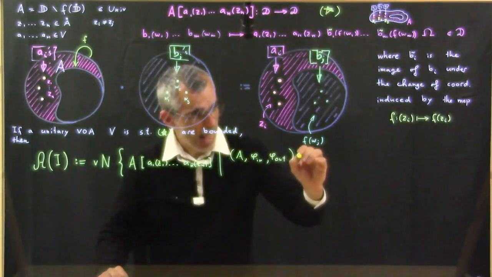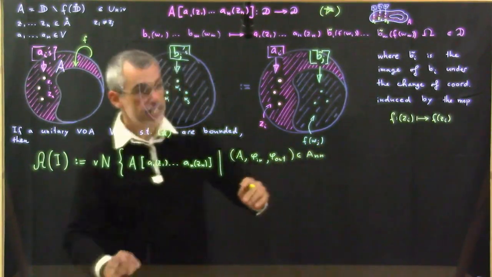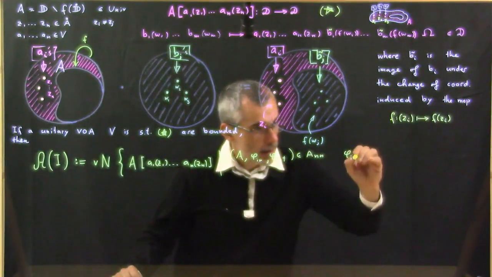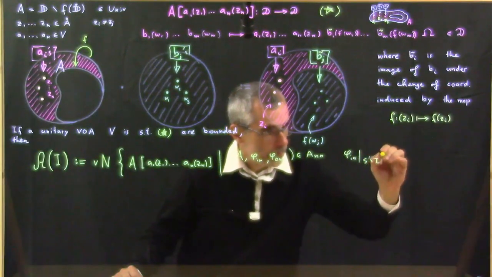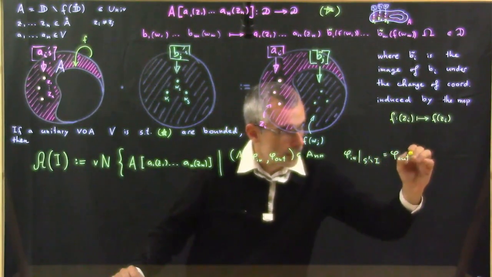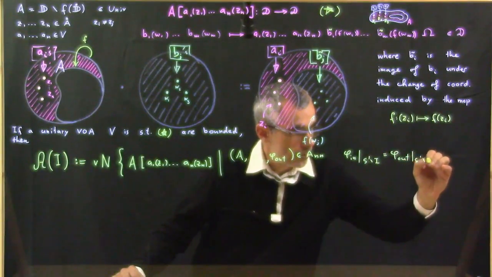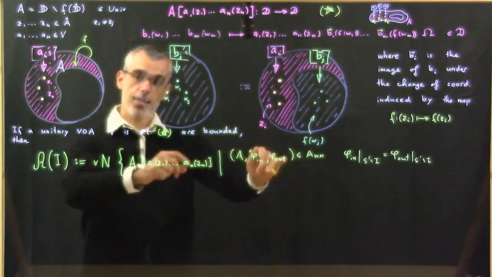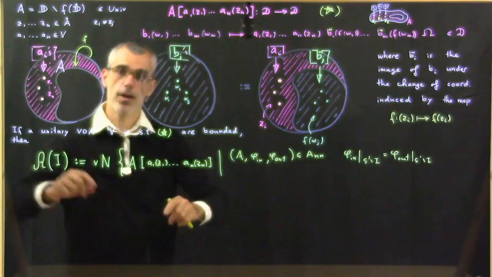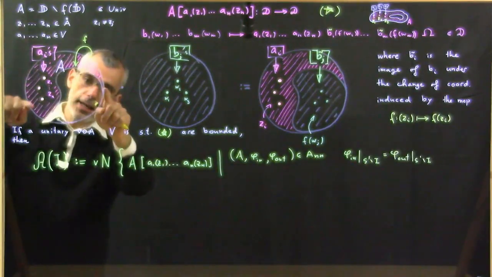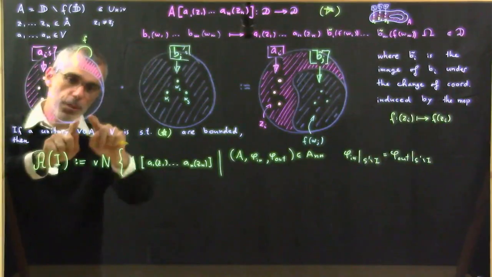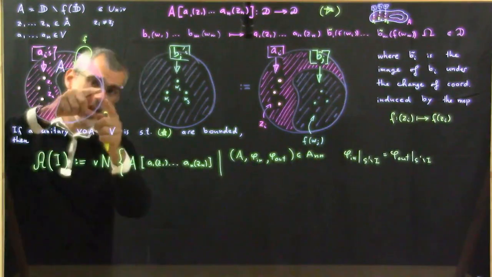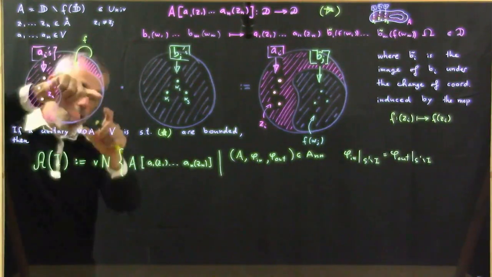A has the property that it is supported in I, which means that the two parameterizations agree on the complement of I. So in particular, the annulus is thin on the complement of I. In this picture, this would be I, this would be parameterized by I, and that part here would be parameterized by the complement of I, and the incoming and the outgoing parameterizations would need to agree pointwise on that thin part.